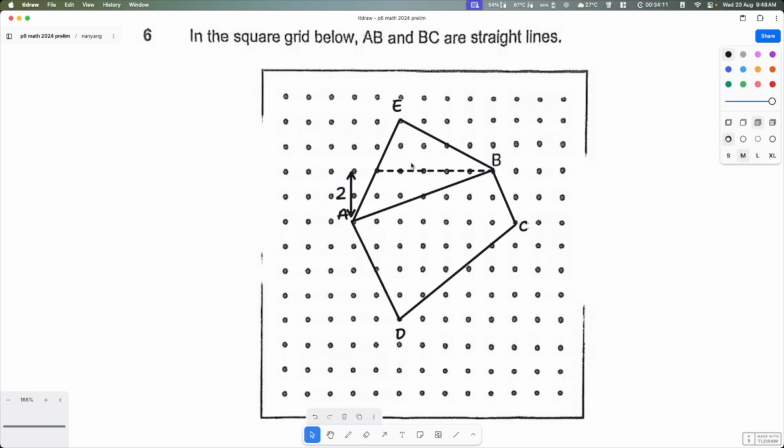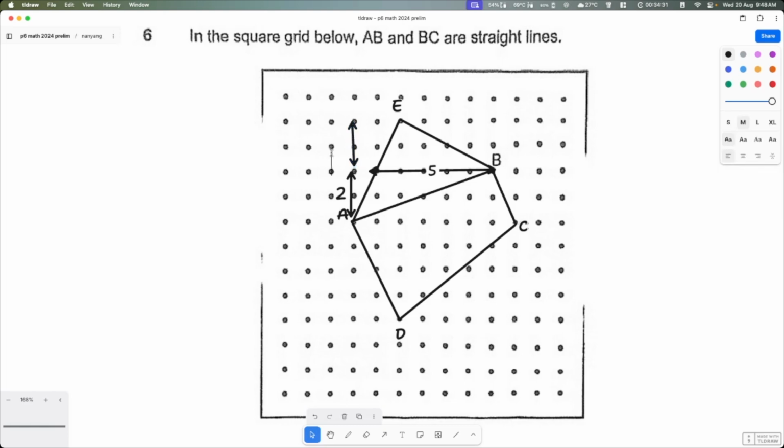So we have 2, and then we have 5. I'm just going to put 5 here instead. So we know the base is just 5, and the height is 2 as well.